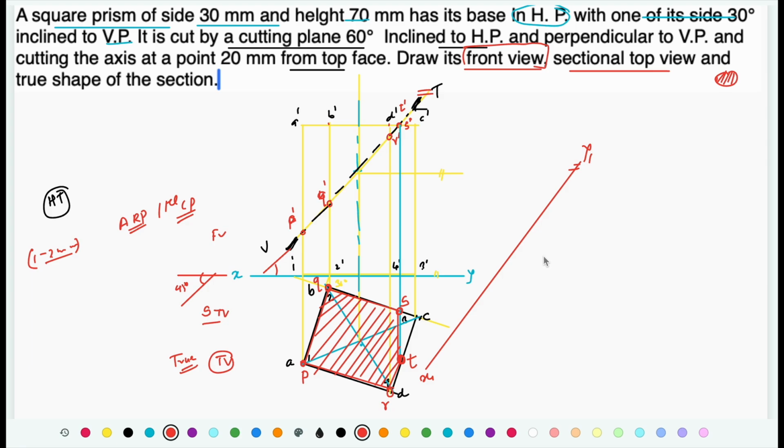Now once you have drawn that additional reference line x1 y1, draw projectors from every single point of that cutting plane. What are those points? These p, q, r, s, t. From all those points we need to draw projectors up to this xy line and extend beyond the xy line as well.